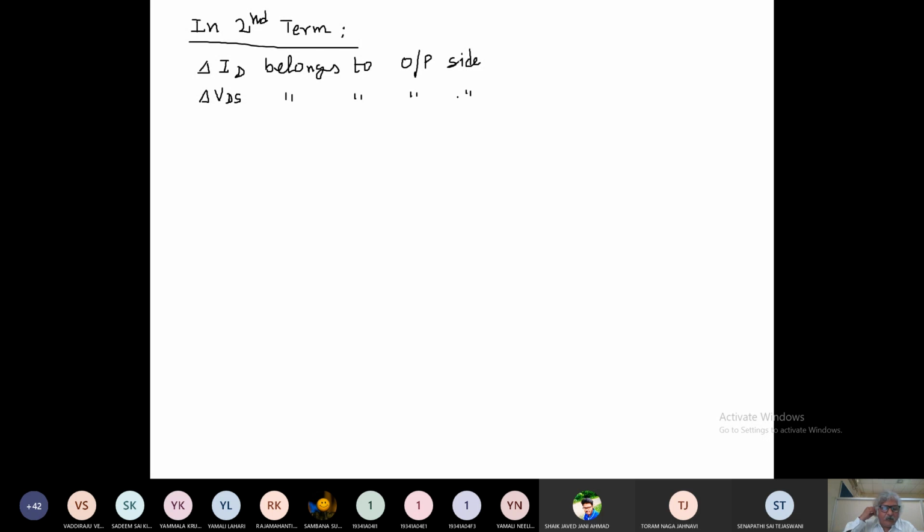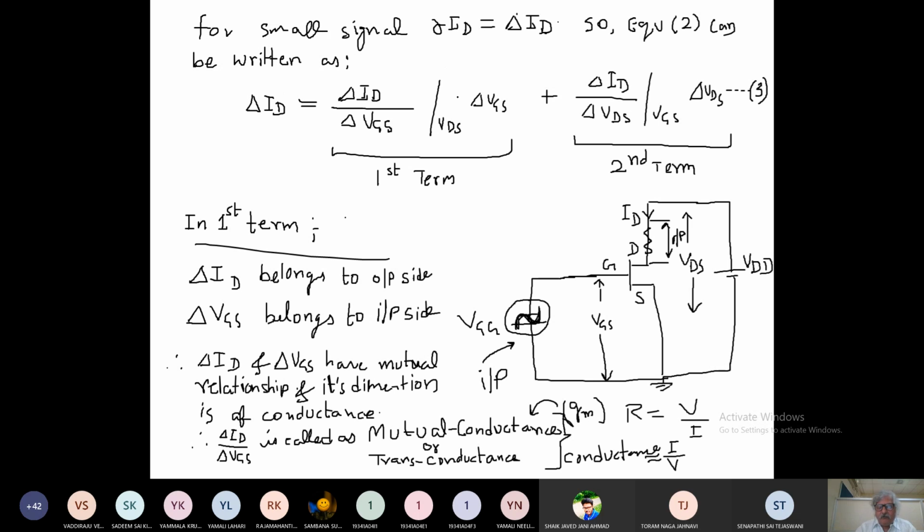In the first term, ID belongs to the output side and VDS belongs to the input side, so they have a mutual relationship. But in the second term, ID and VDS both belong to the output side, so they have a self relationship between them.